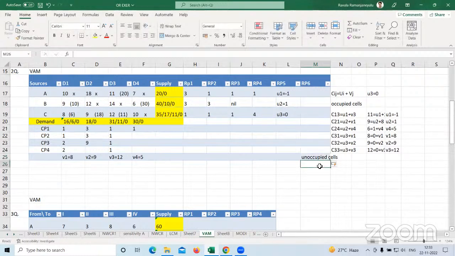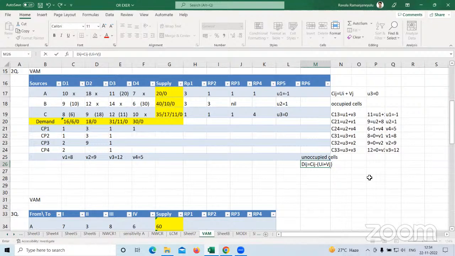Delta ij is equals to Cij minus ui plus vj.